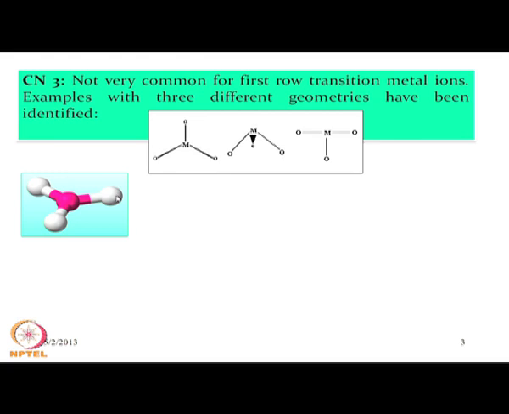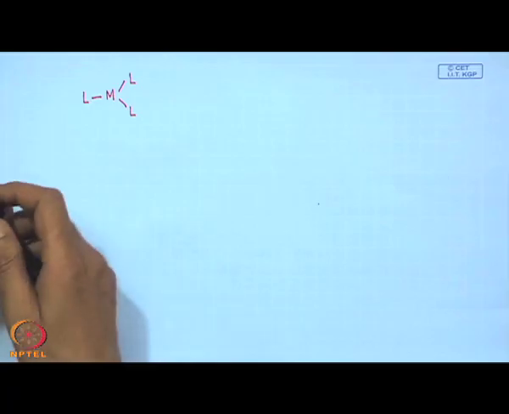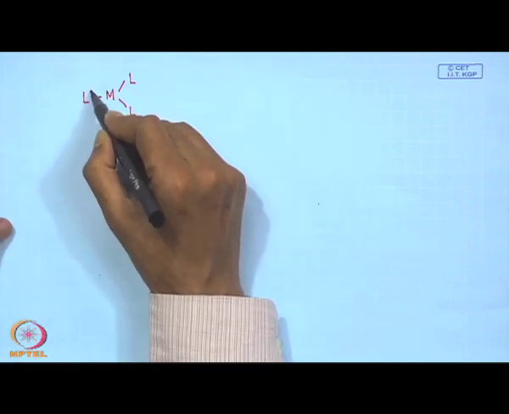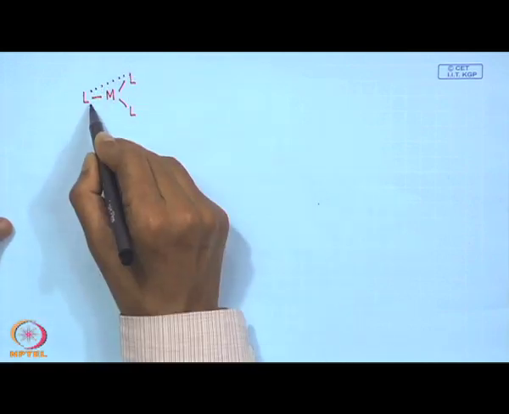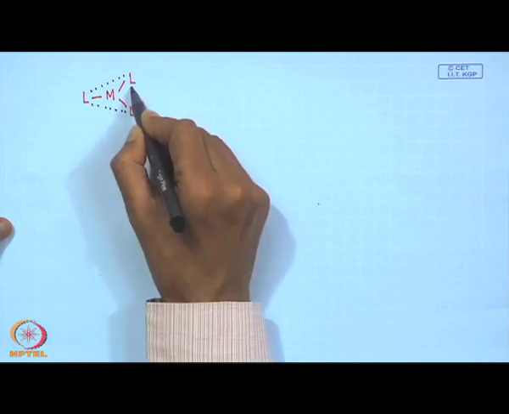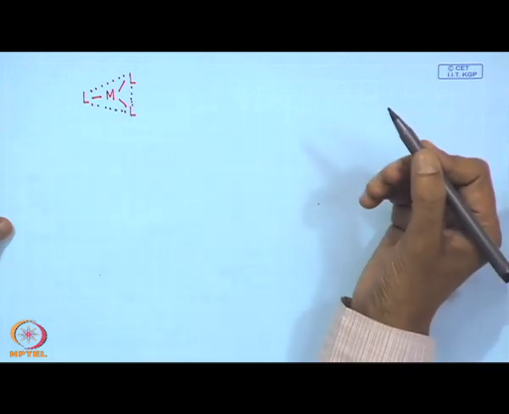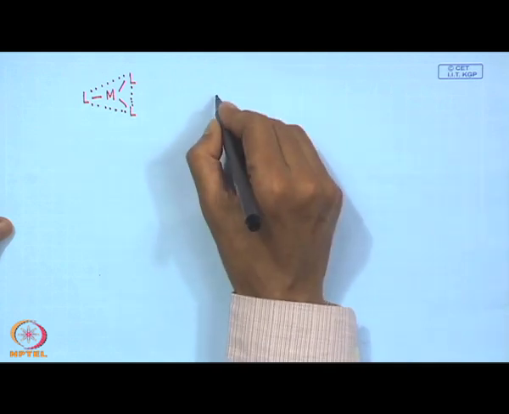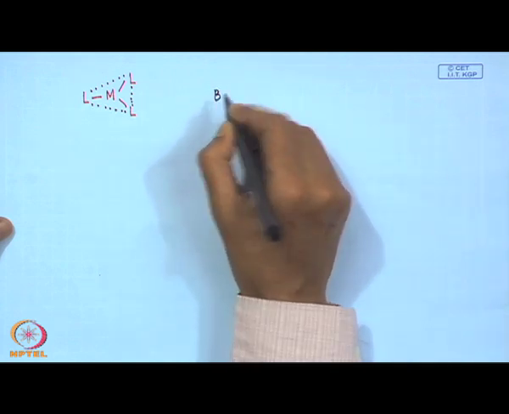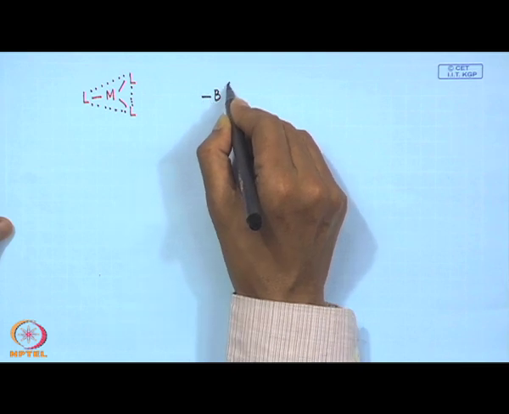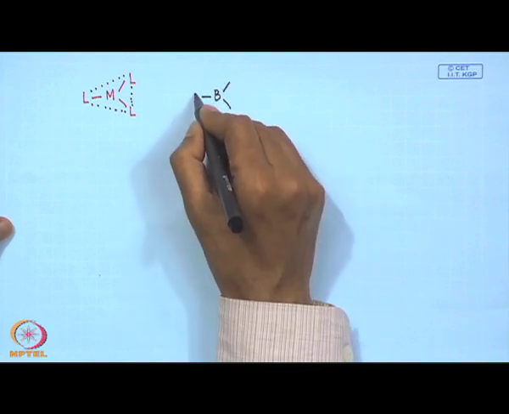So, if we have the metal at the center and 3 ligands at 3 different positions of the equilateral triangle, we get this particular geometry, which is known as possible for boron trifluoride.